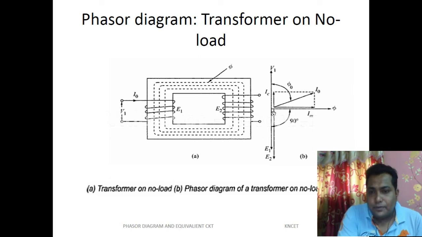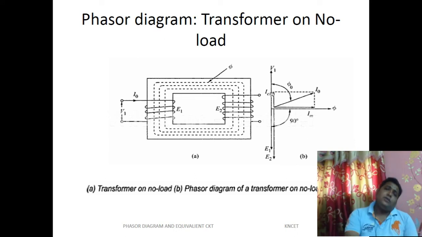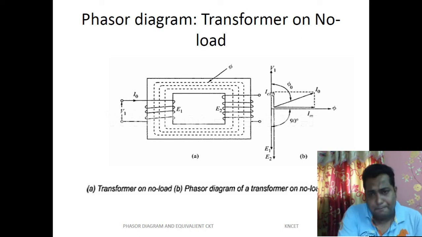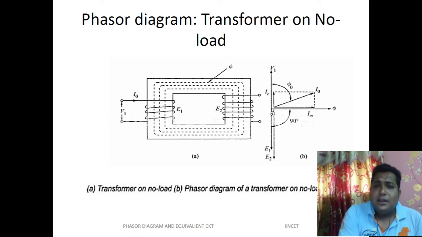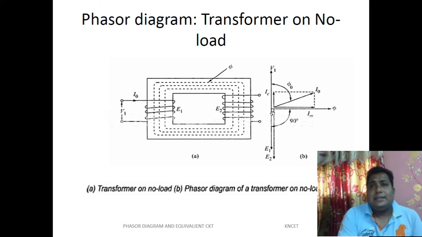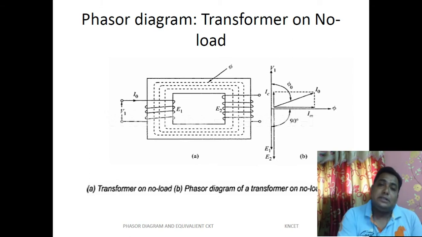Now we have drawn V1 with a 90-degree lead from this phi, or we should say Im. Why? The reason is that when flux is generated, there is a coil, meaning an inductive property.